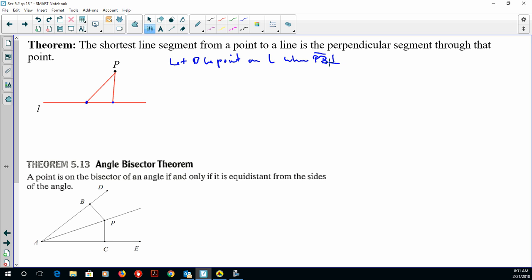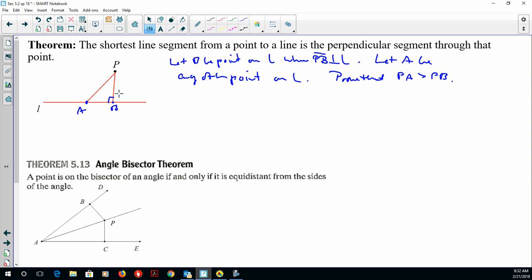And let's let A be any other point on L, so A is going to be here. And we want to show that PA, the distance from P to A, is bigger than the distance from P to B. The shortest distance is going to be measured along a perpendicular. All right.